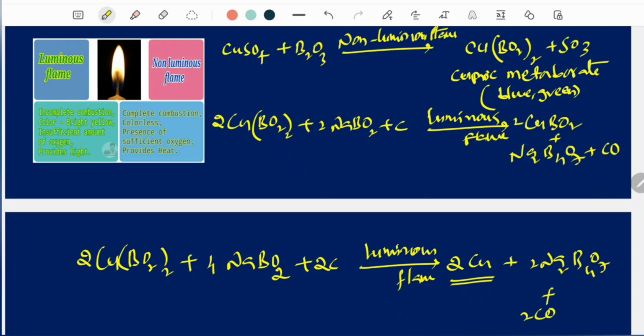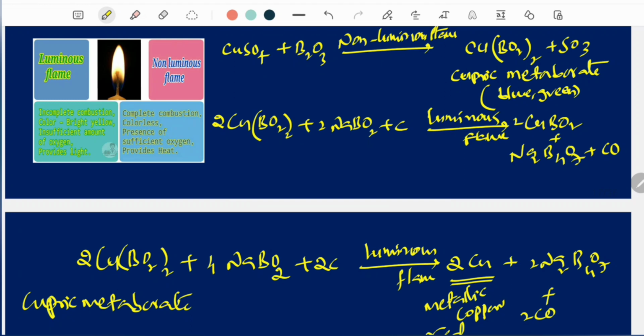The cupric metaborate is reduced to metallic copper, and the bead appears red opaque.